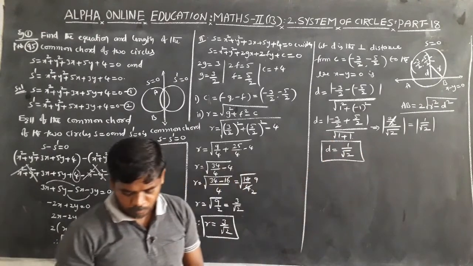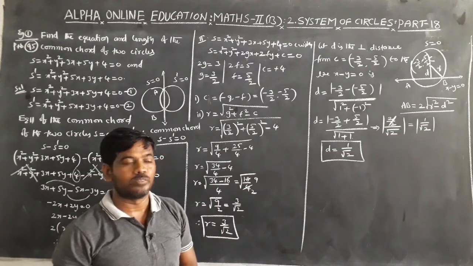This is the perpendicular distance from the center to the line.